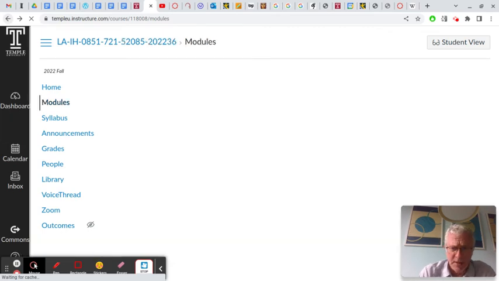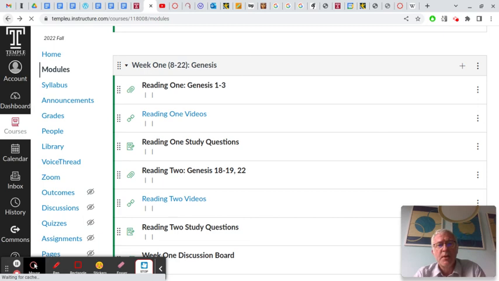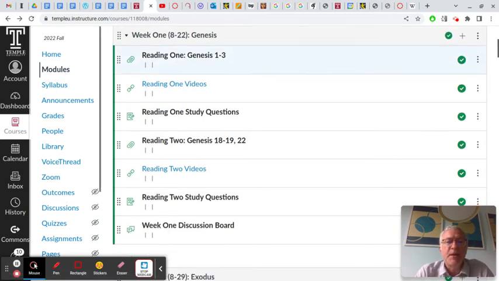So those are your weekly tasks, the study questions and the discussion board. The discussion board has to be done by the due date, which is by Sunday at midnight. So week 1, you'll have a discussion board requirement, and it has to be done by this coming Sunday at midnight, and it's always like that.